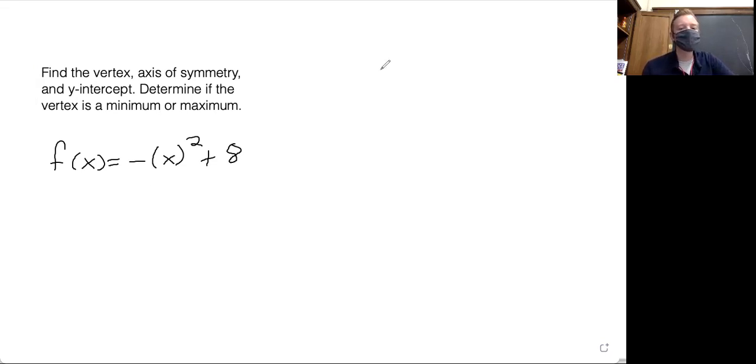So just a reminder, our vertex form is this right here. That is a wonky looking A. Oof. Third time's a charm.